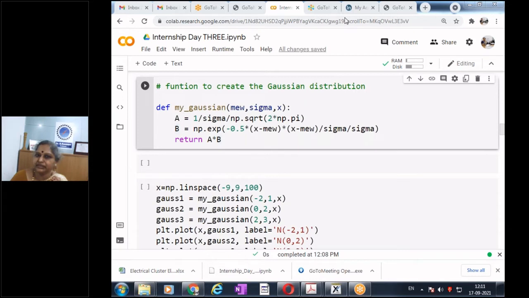Have you done this? Please type in these values, the function to generate the Gaussian distribution.